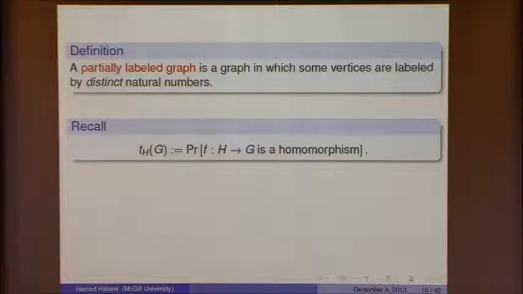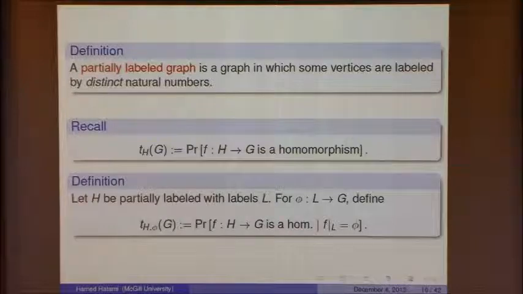Okay, and now I want to generalize this homomorphism density to partially labeled graphs. So recall that this was the probability that a random map is a homomorphism. Now, when I have a partially labeled graph, I also require a map from the set of labels to G, which will tell me where the labeled vertices will go.